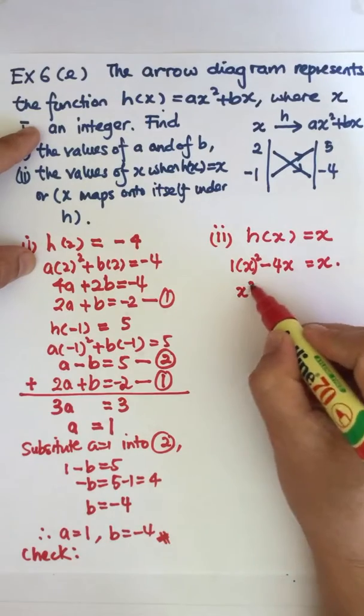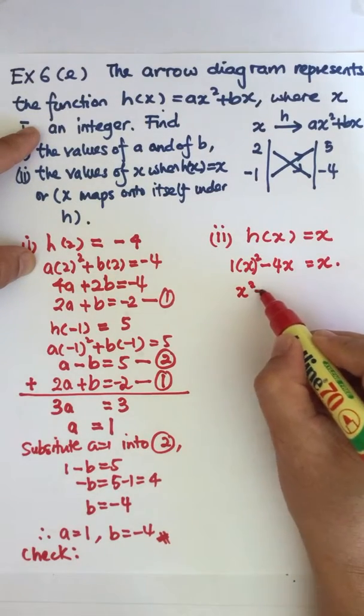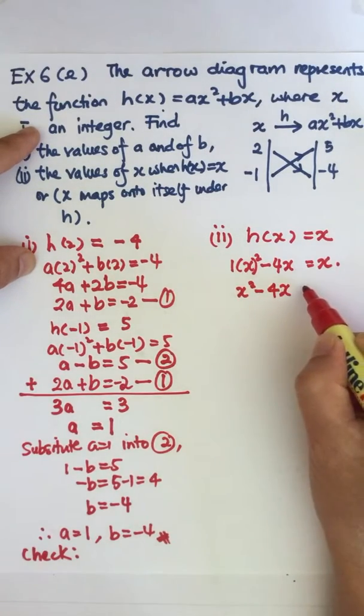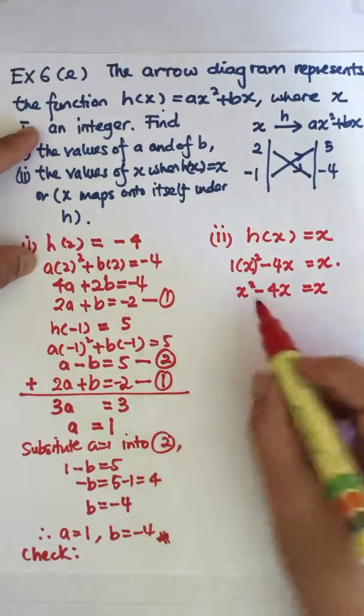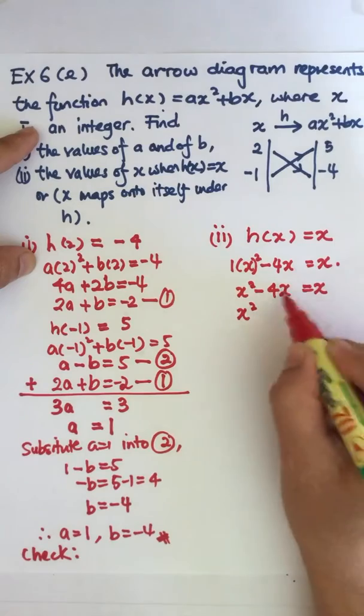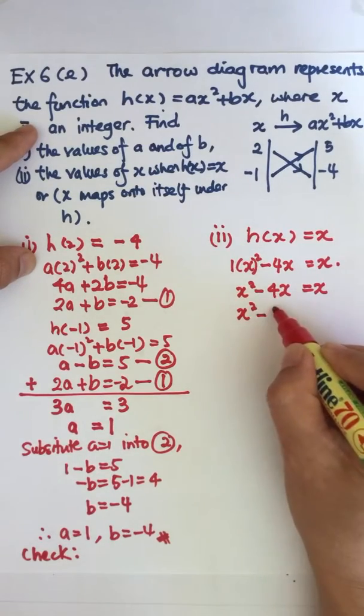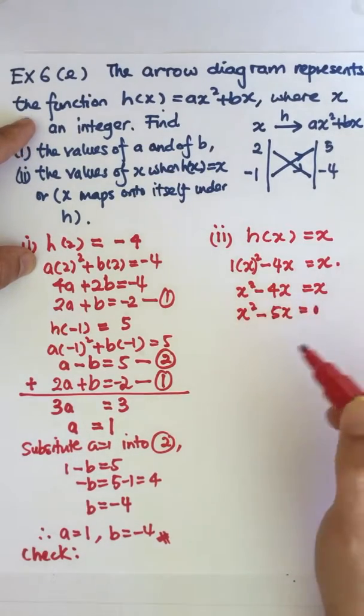So you get x² - 4x = x. This is a quadratic equation. So we move x to the left, you get x² - 5x = 0.